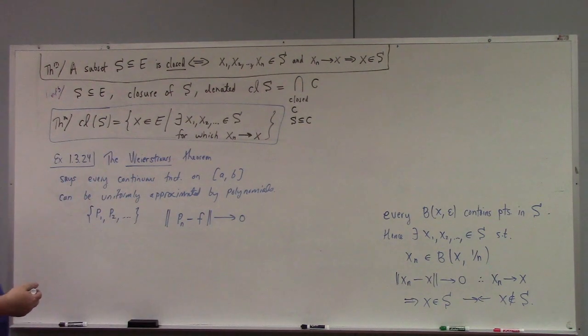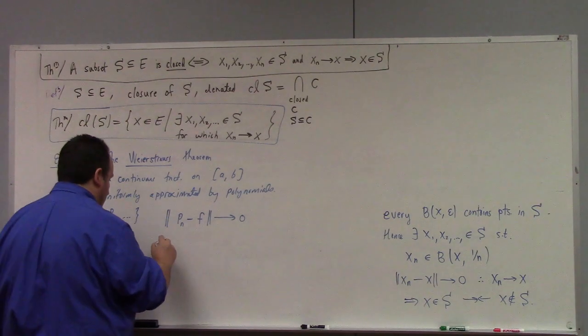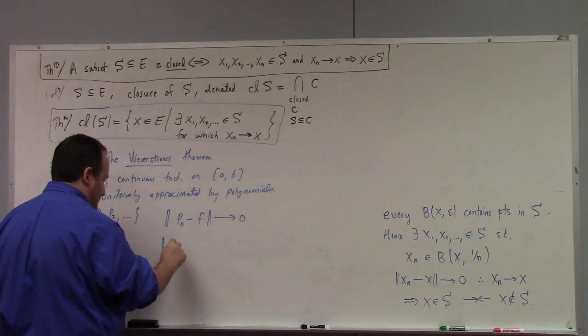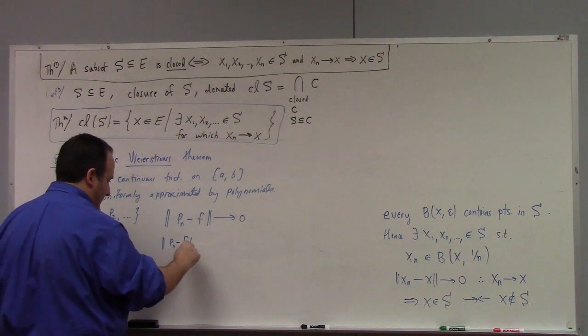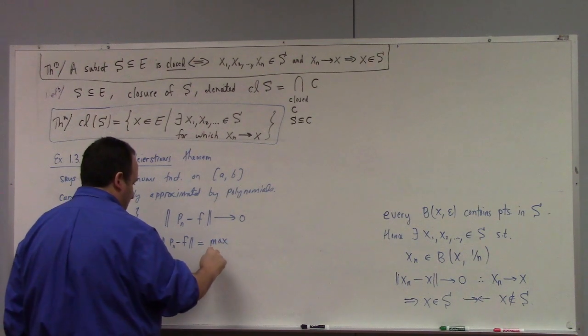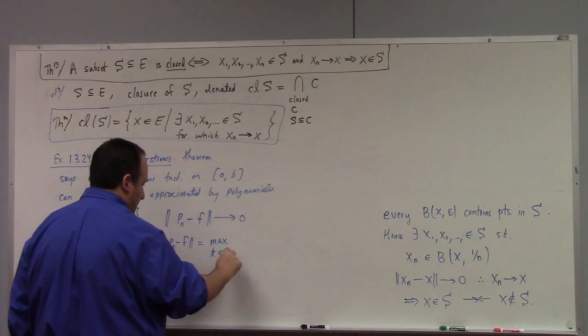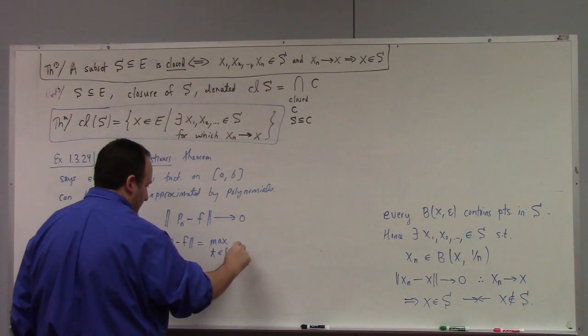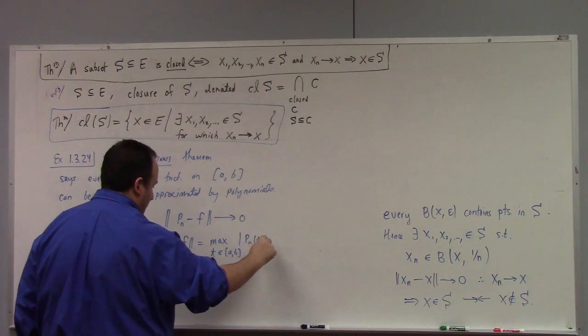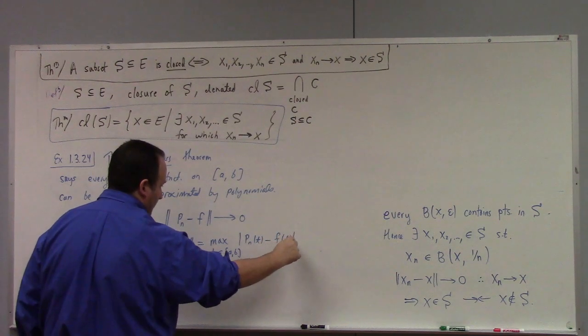And here that's the norm we talked about. Remember, what was it? The norm of Pn minus f is the max over t in a to b of the absolute value of Pn of t minus f of t, if I remember right.